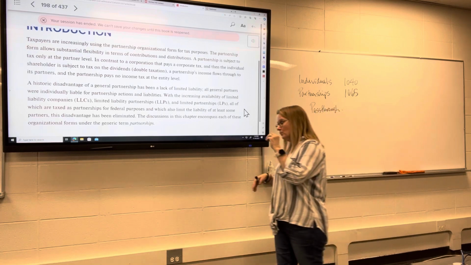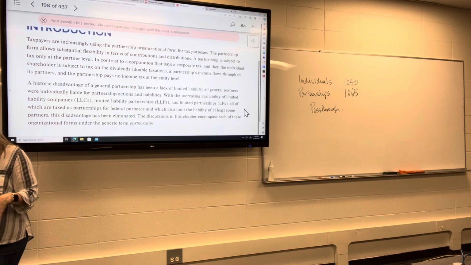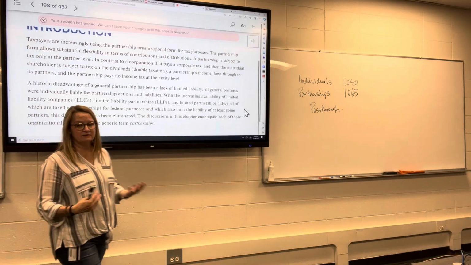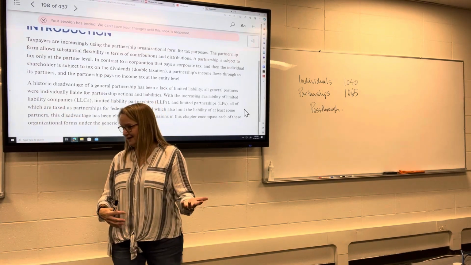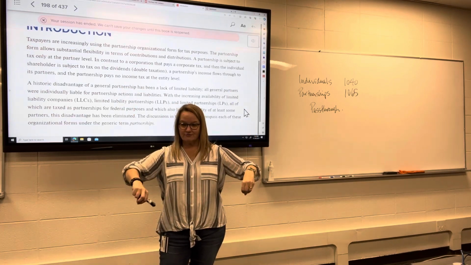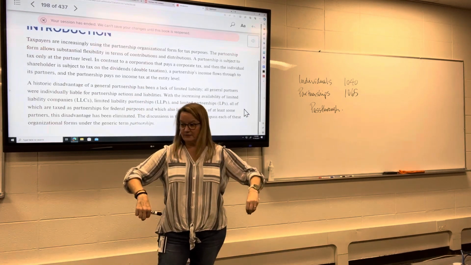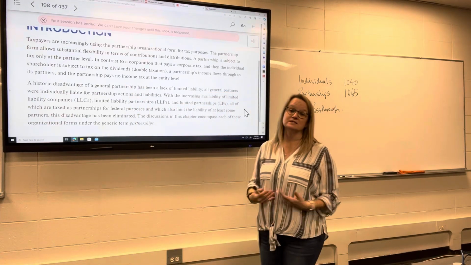So the state may recognize certain types of entities as legal entities that the IRS then doesn't recognize as taxable entities. So we have kind of these two different categories of business entities, one that the state recognizes, one that the IRS recognizes. Now, in most cases, they do overlap.